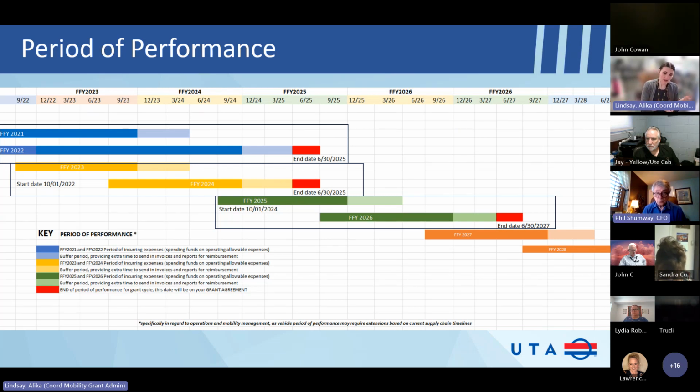Now that's kind of different if you're getting vehicles in that year. You don't have to keep reporting about your operations if you spent them all, but you still need to keep reporting on what's going on with the vehicle. Like, oh, I'm still waiting for my vehicle, or, oh, I got my vehicle and we served this many people.